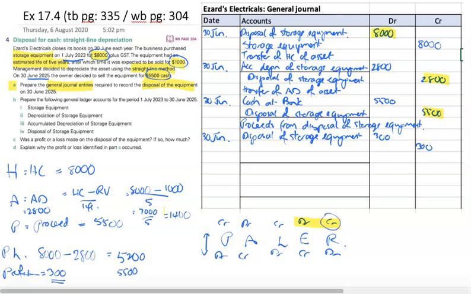Credits are revenue when they increase, and I know that I made a profit. So what am I going to call this ledger that records this revenue that increases my profit? I'm going to call it profit on disposal, and it is the disposal of storage equipment.